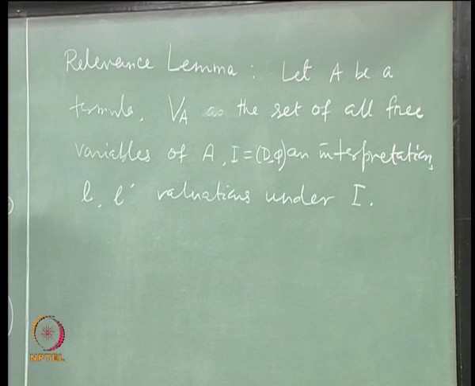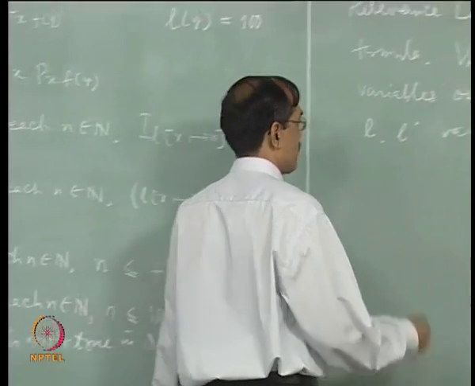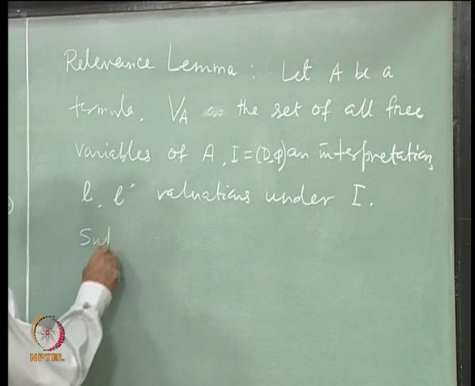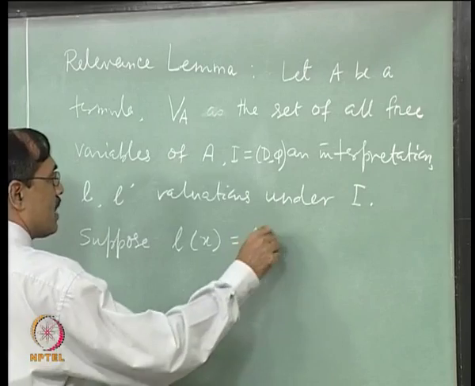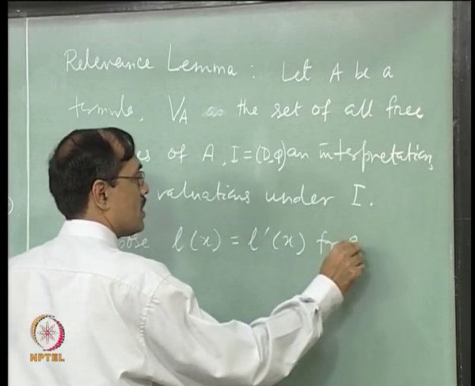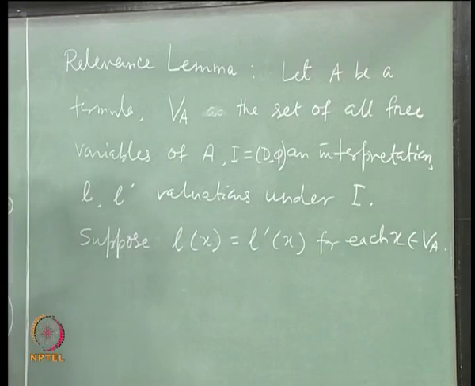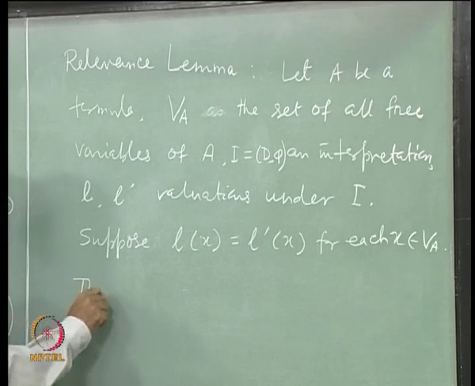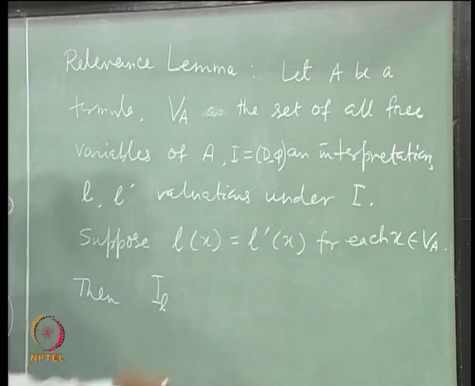So what we say is that if these two valuations agree on V of A, all the free variables, then they should evaluate the same way. Suppose L of x equals L prime of x for each x in V A, then the ensuing states I L and I L prime should evaluate the formula A the same way, right.